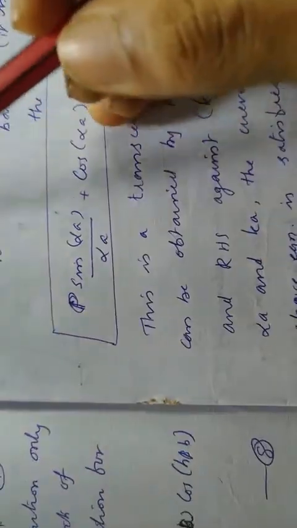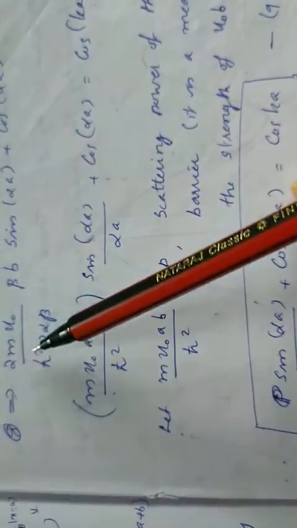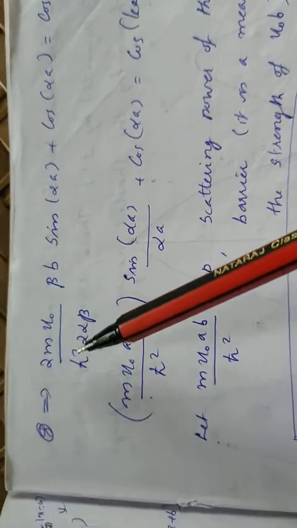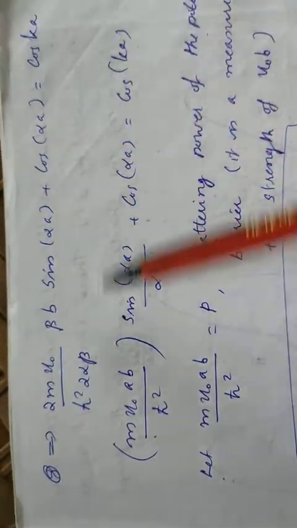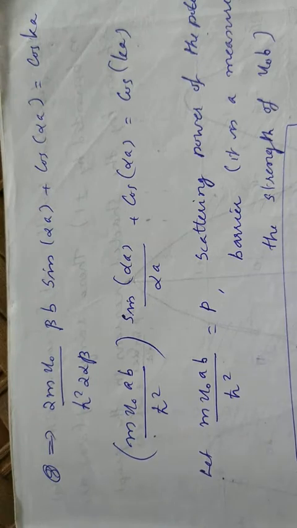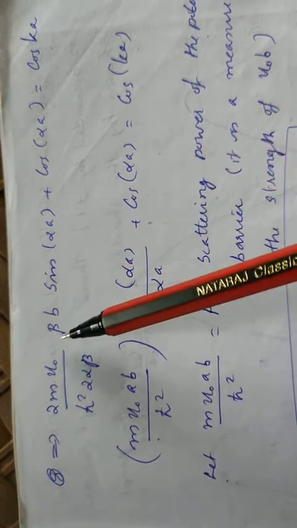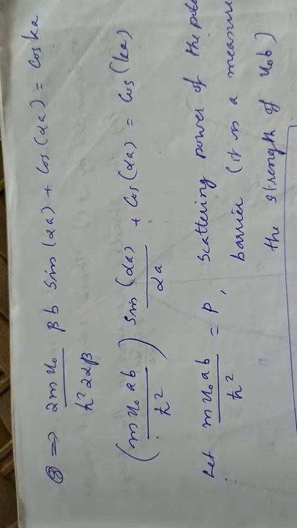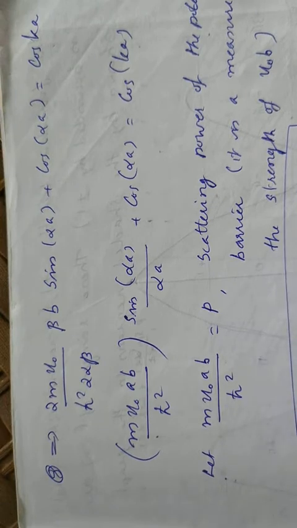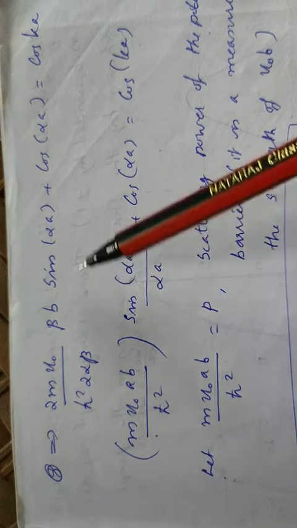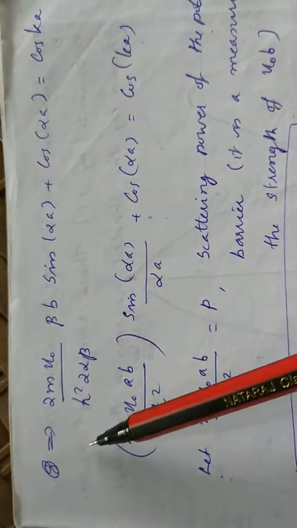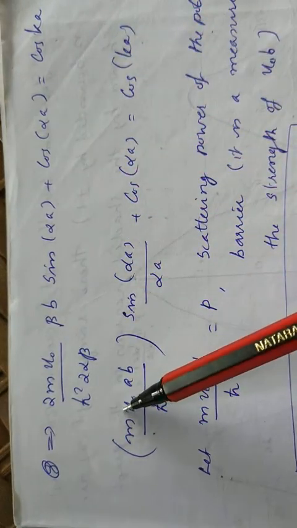So we are substituting this 2m u0 by h cut square into alpha beta, this form. You just substitute. I have to switch between these two pages. So we have found out each term by putting the condition b tends to 0. So substituting this equation back into 8 will give you this equation.